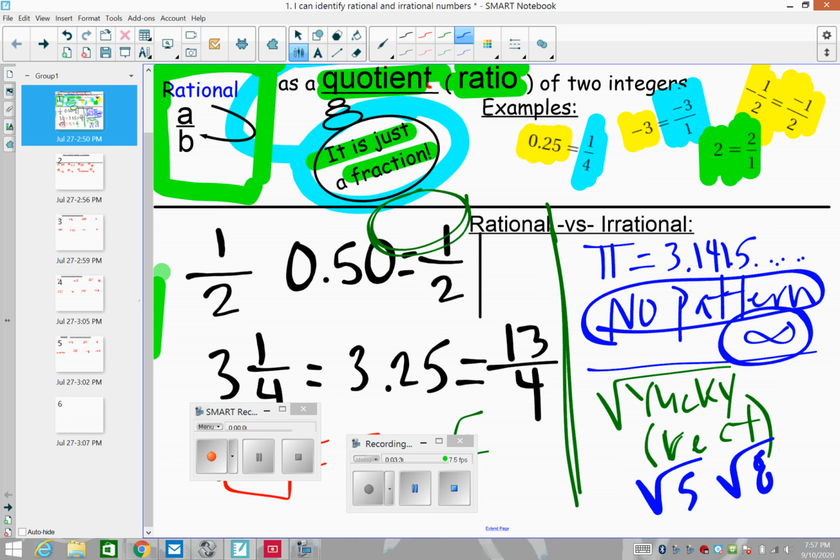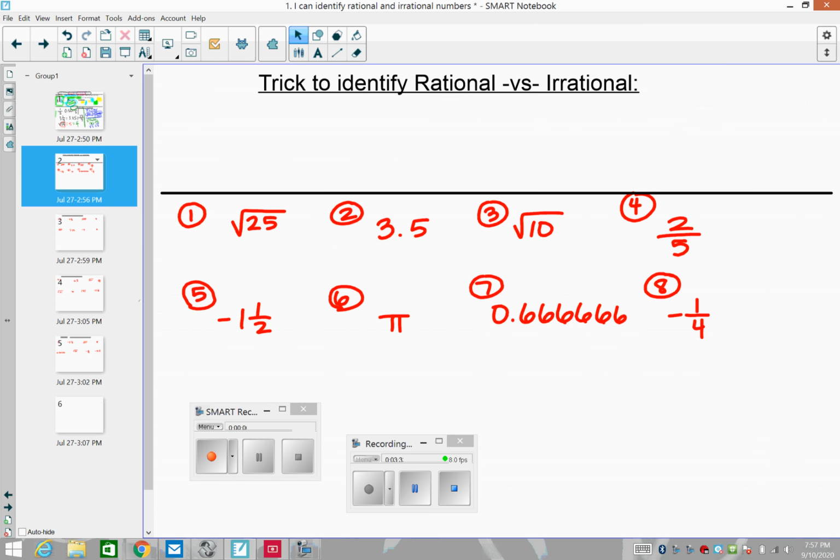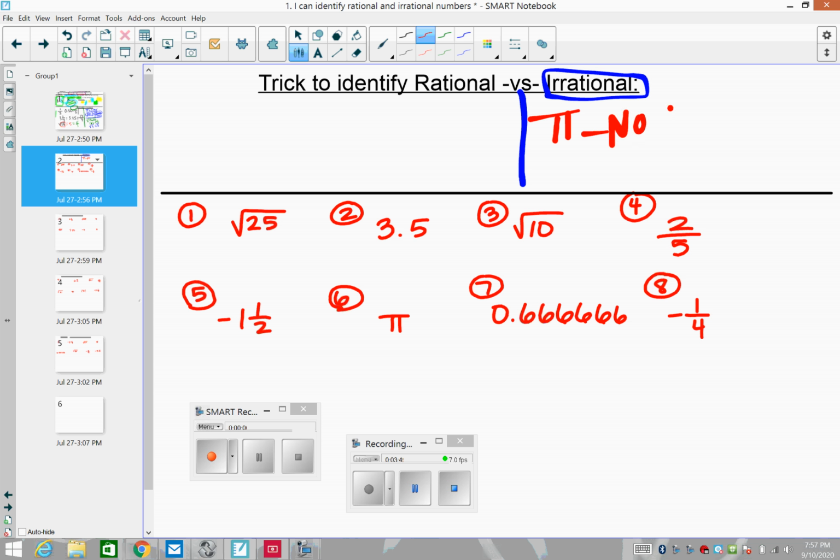So that's the definition. Now, what are some tricks to remember and identify rational or irrational? What I think is easiest is to think about the one that's called irrational, because there are fewer categories of those. So irrational, we just said, is pi. Why? Because there's no pattern and it goes to infinity. No pattern, goes to infinity. Sorry, I'm abbreviating there.